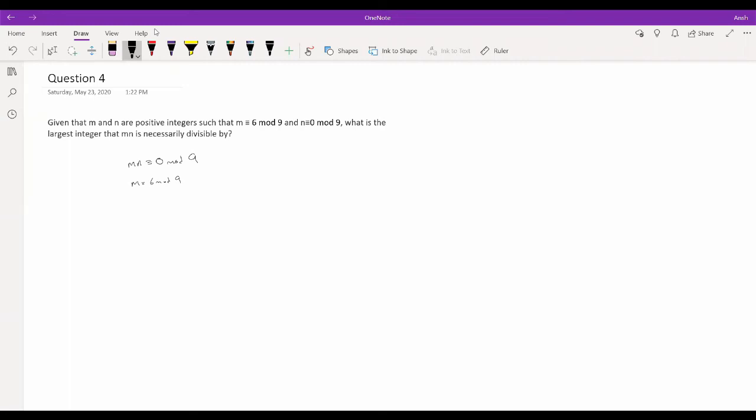Well, we can see that would be 3, because m is always divisible by 3, since it can be expressed as 9x plus 6, which is a multiple of 3. Now, let's look at n. Well, n is 0 mod 9, so obviously that means the largest number that divides n would be 9.